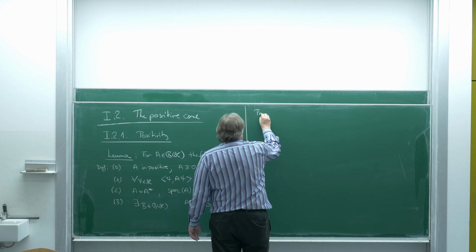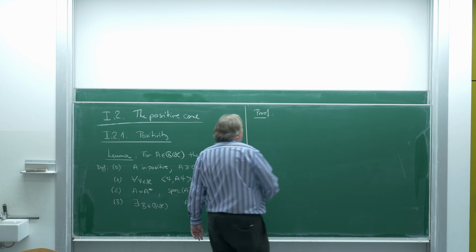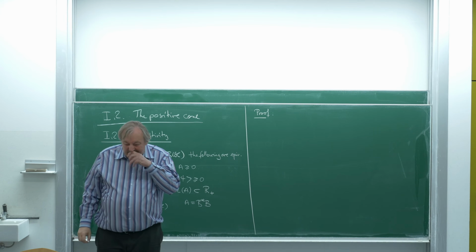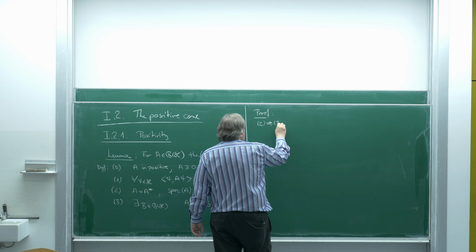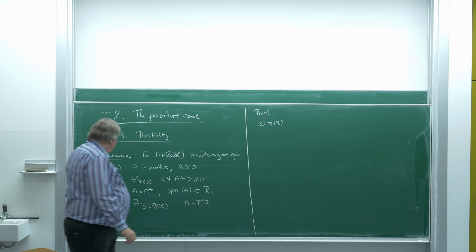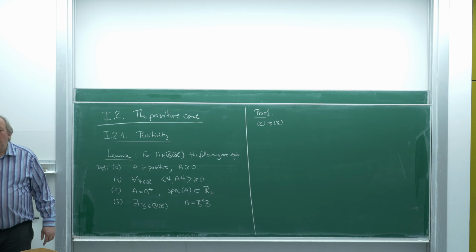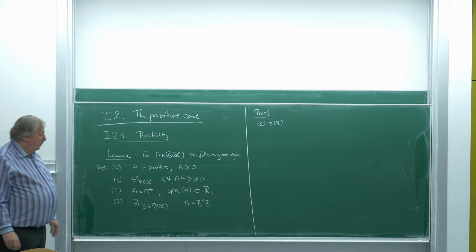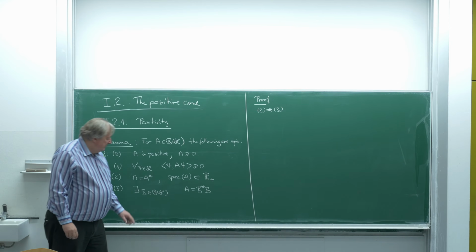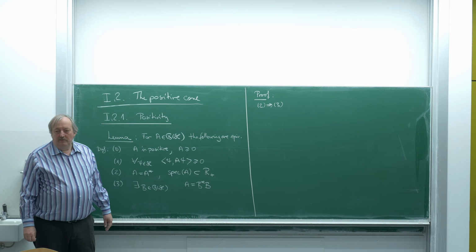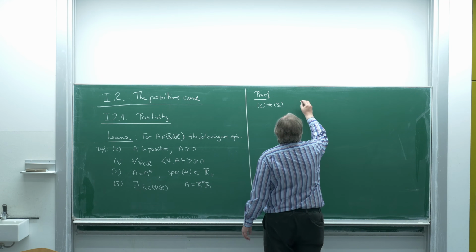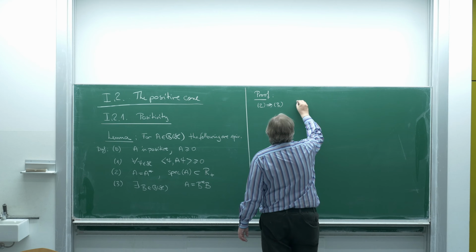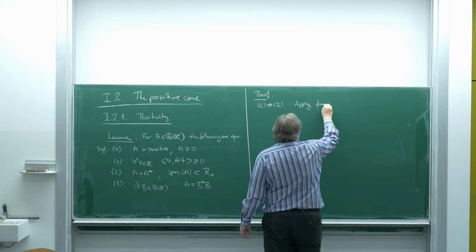So proof. So let's assume that A has this property, and now we are supposed to find another operator such that A is B star B. We are supposed to find B, right? And so the proof is very simple. Then we apply the functional calculus.